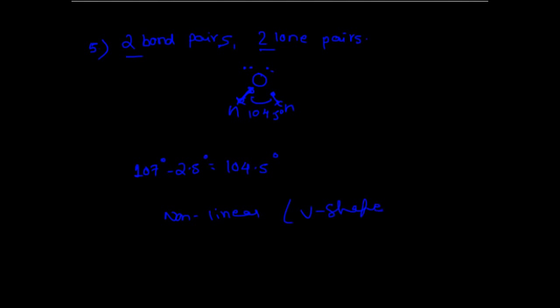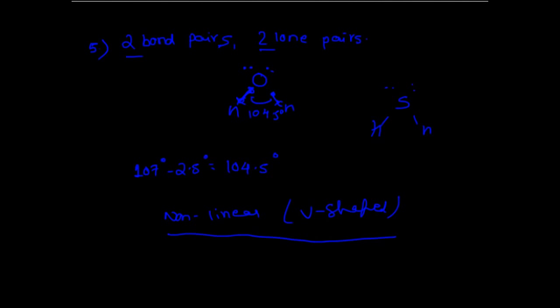You may write it as V-shaped, or you may call it non-linear shape. And another example of this is H2S. Same is the case in H2S, sulfur, 2 H, 2 lone pairs. So we are just changing the central atom here, because oxygen falls in group 6 and substituting oxygen with another element of group 6 also follows the same pattern.